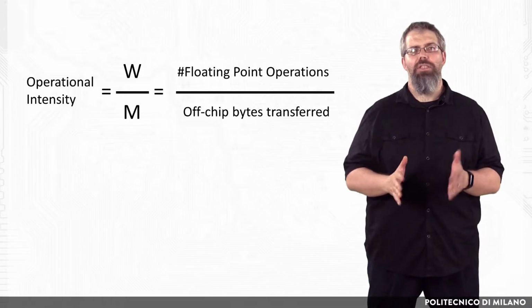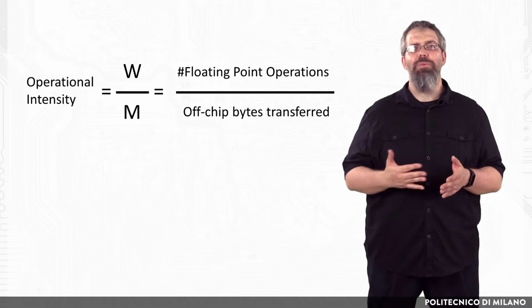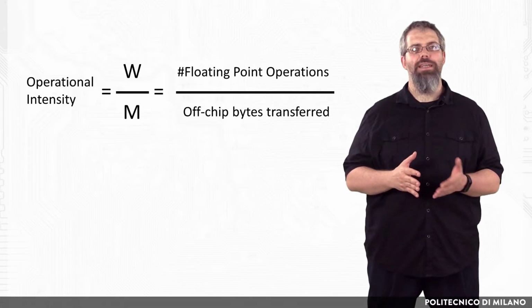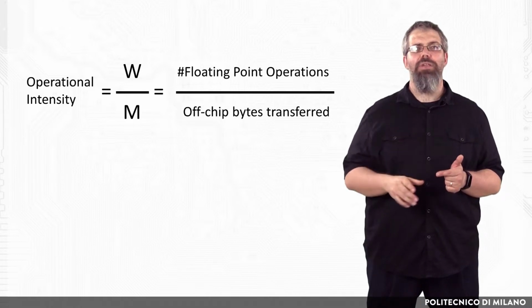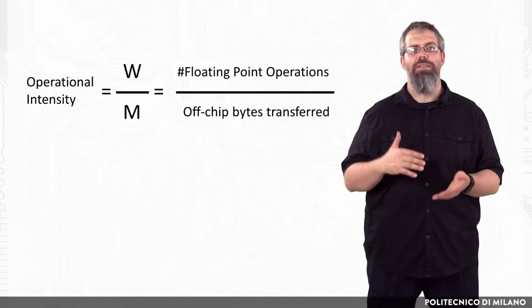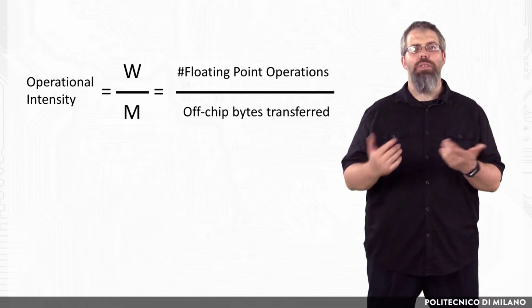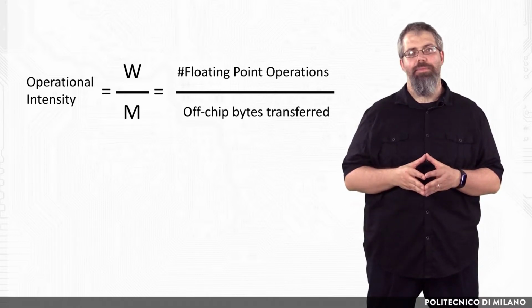Notice that in the context of general-purpose processors, the memory traffic considered for the operational intensity is the traffic between the DRAM and the cache hierarchy, since such a communication channel is often much slower and more constraining than the one between the processor and the cache hierarchy.